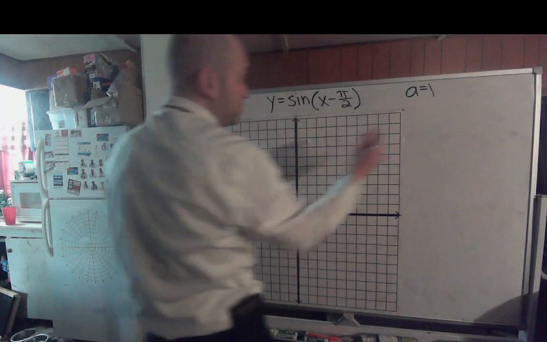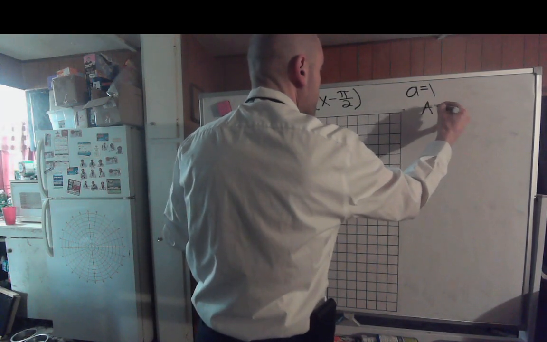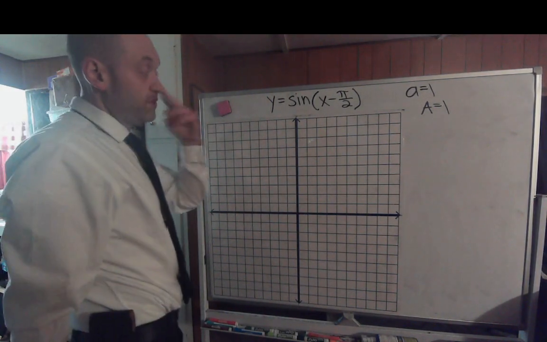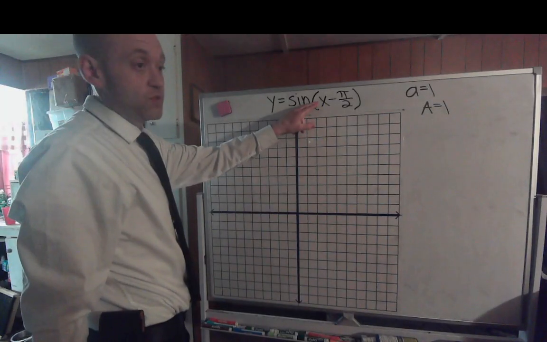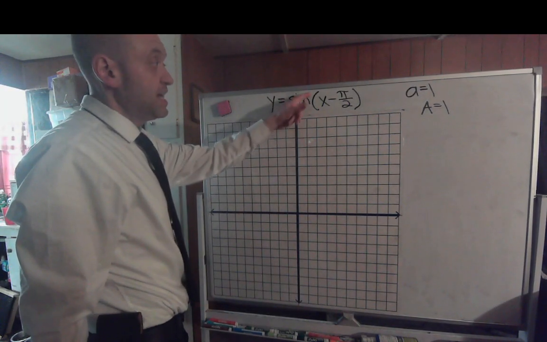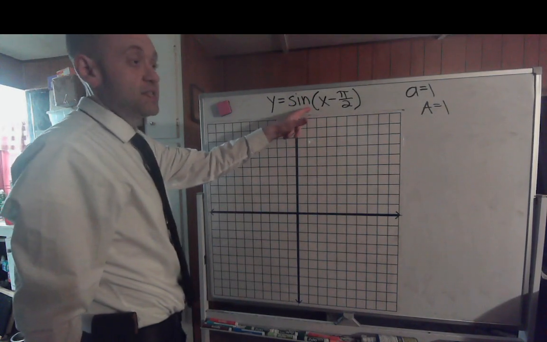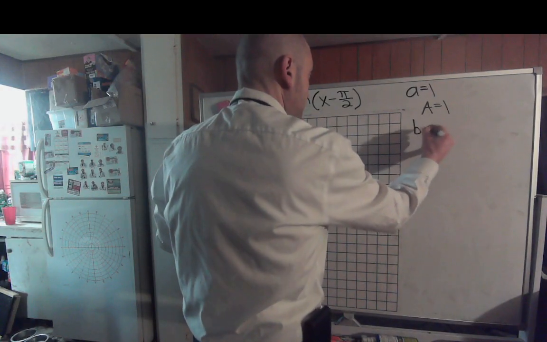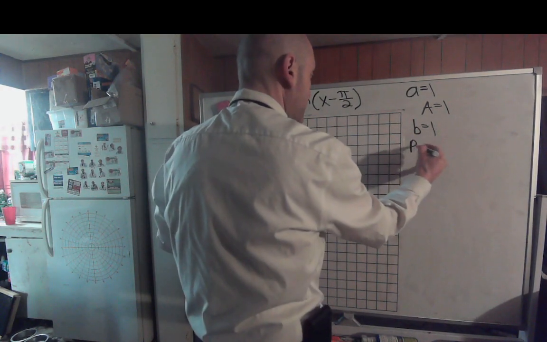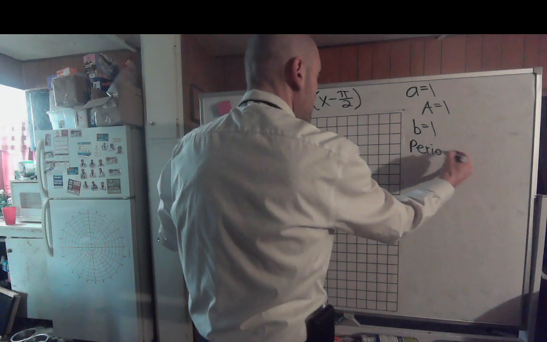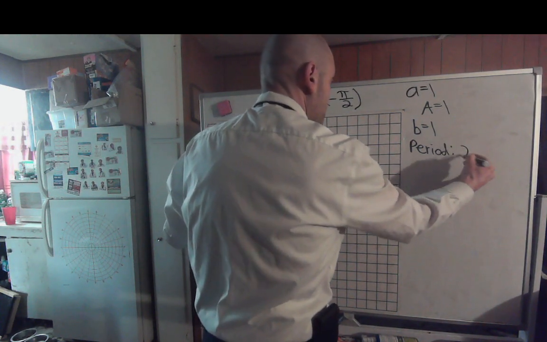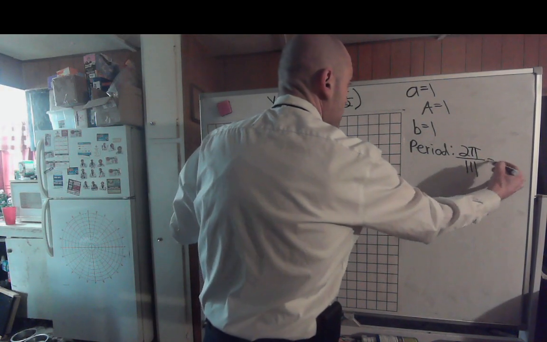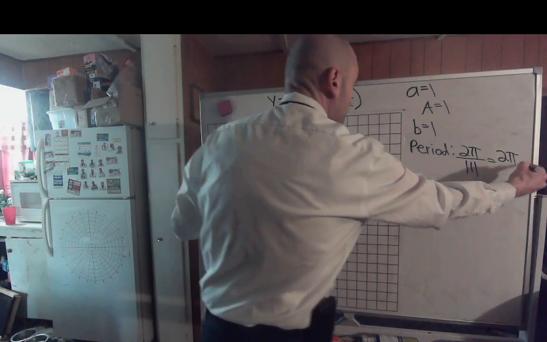Which means our amplitude is also 1. Now, the coefficient on x in the parentheses is 1. That's good. And you don't see anything outside of the parentheses for a number. So that means your b is a value of 1. So your period is going to be 2 pi over the absolute value of 1, which would give you a period of 2 pi.